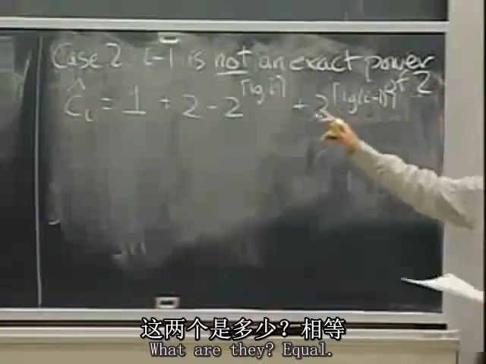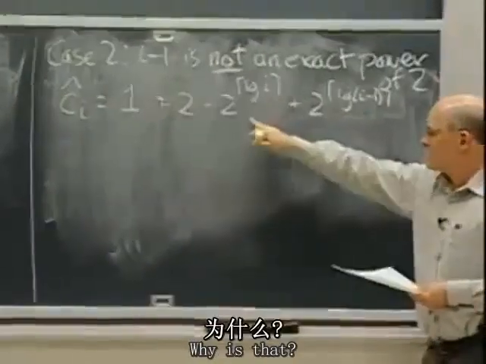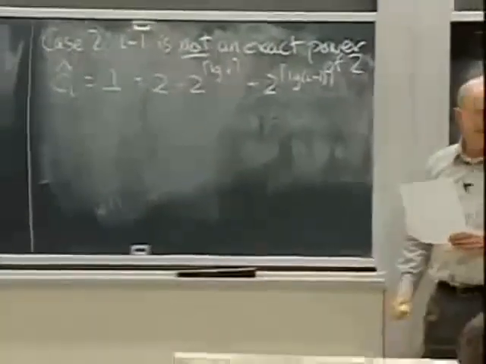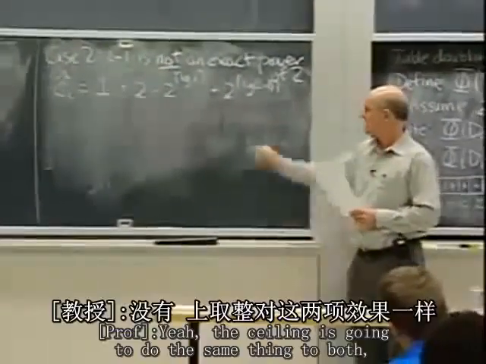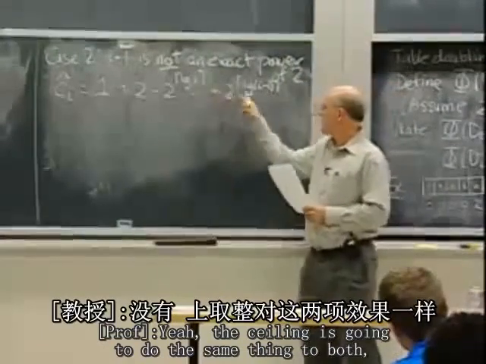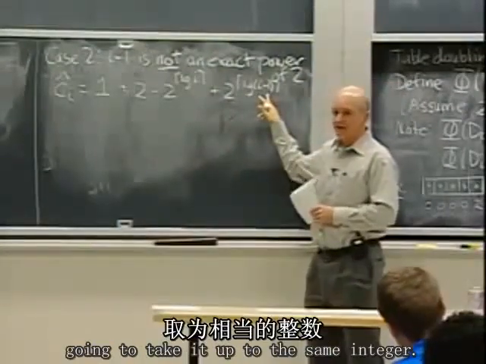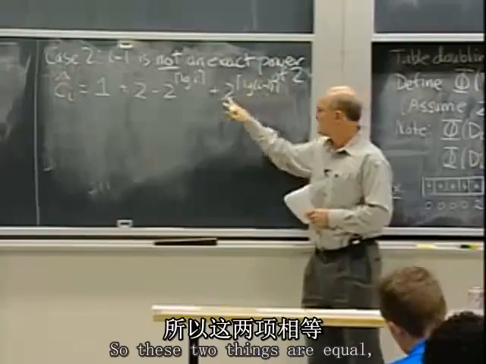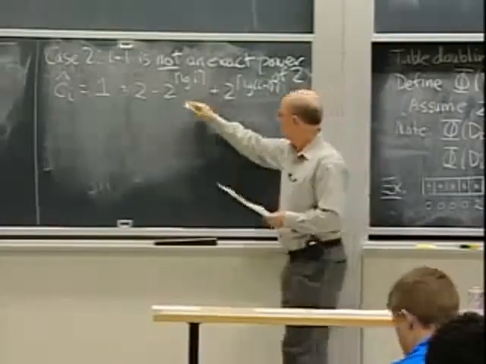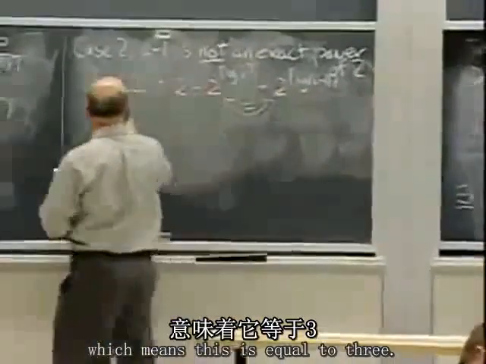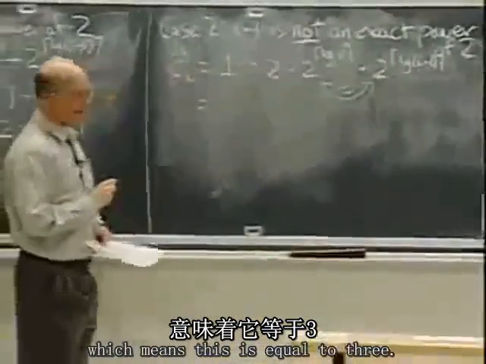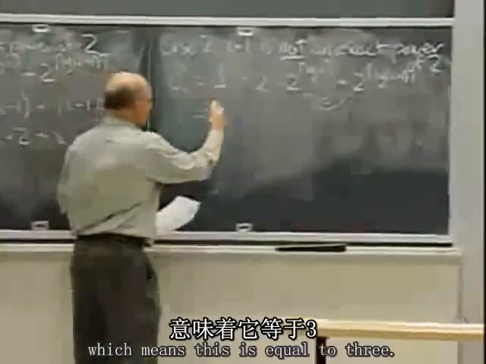They are equal. Why is that? Yes, the ceiling is going to do the same thing to both, taking it up to the same integer. So these two things are equal, which means this is equal to 3.